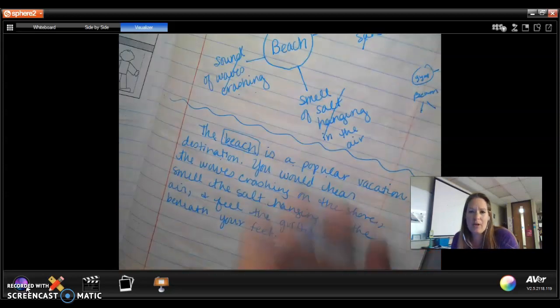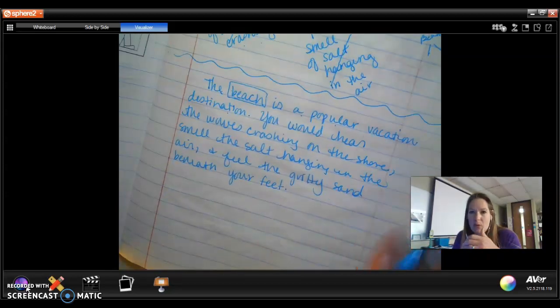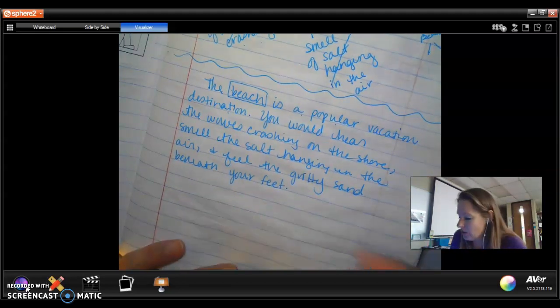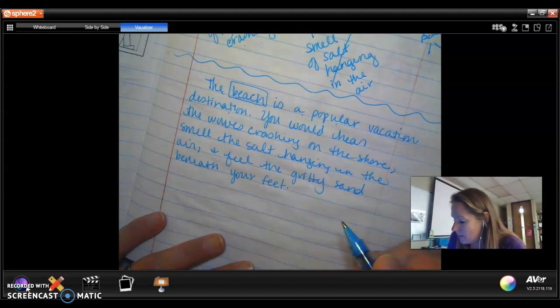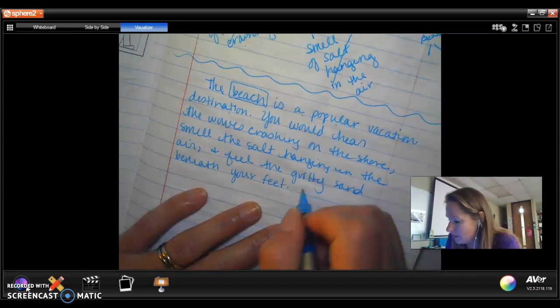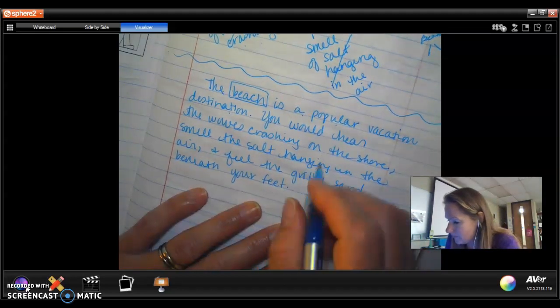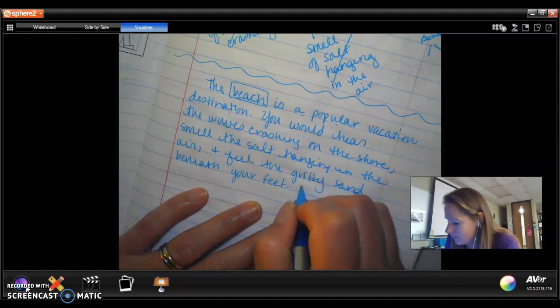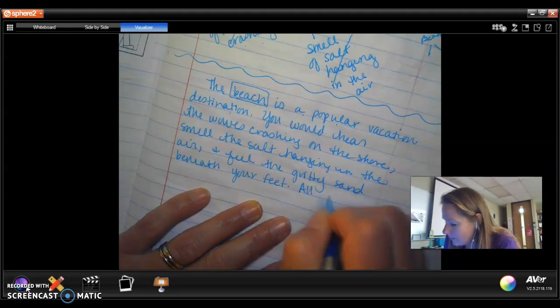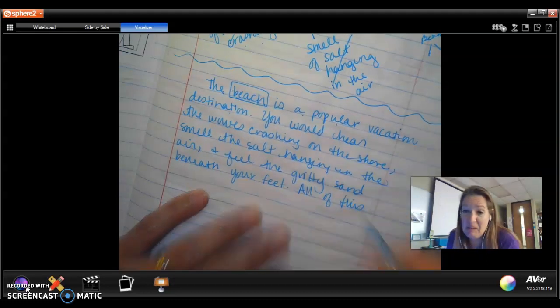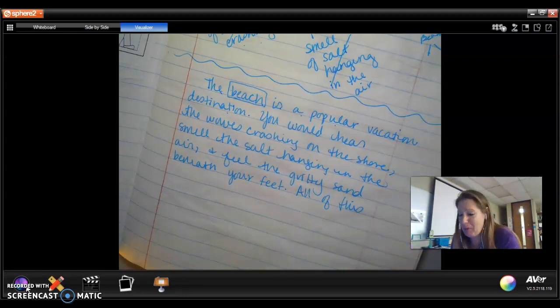Now, these description paragraphs don't have to be super long. In fact, if you are spending too much time describing, it can start to feel overwhelming, and you don't want to do that either. The gritty sand beneath your feet. All of this, again, my best writing? Probably not.